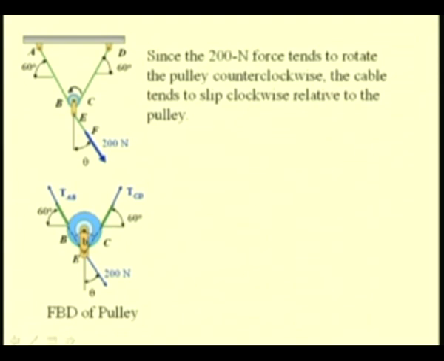Let us consider the forces that are acting on this pulley block. We have the tension on the cable CD marked as TCD, and from geometry this is inclined at 60 degrees, and we have the tension on the cable AB as TAB, again inclined at 60 degrees at the left hand side.